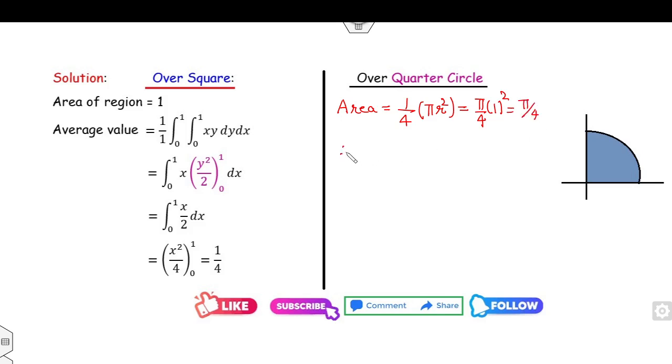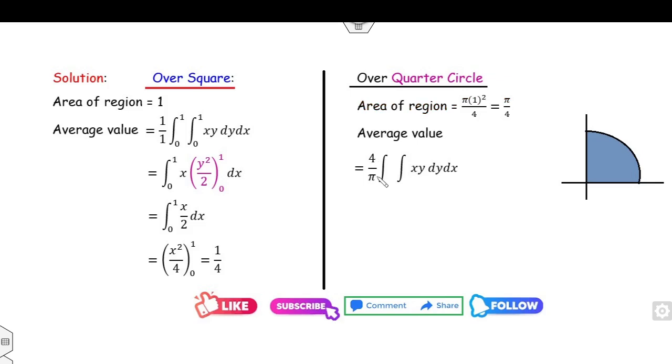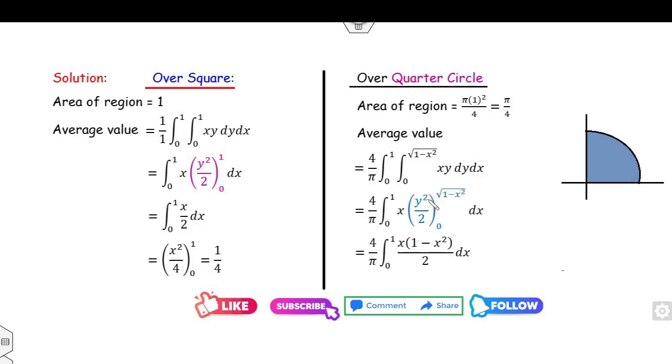So therefore average value is 1 over area into this one. Can you find the limits of this? What is the value of y at this point? 0. The value of y at this point is square root of 1 minus x square. And the value of x is 0 to 1. Now you can integrate them keeping x as constant. So it's y square over 2. I can substitute the upper limit. You will get this expression. I can cancel out, it's twice over pi.